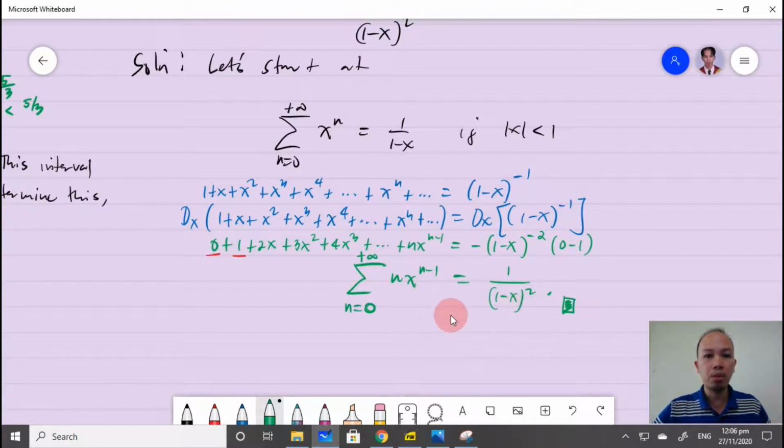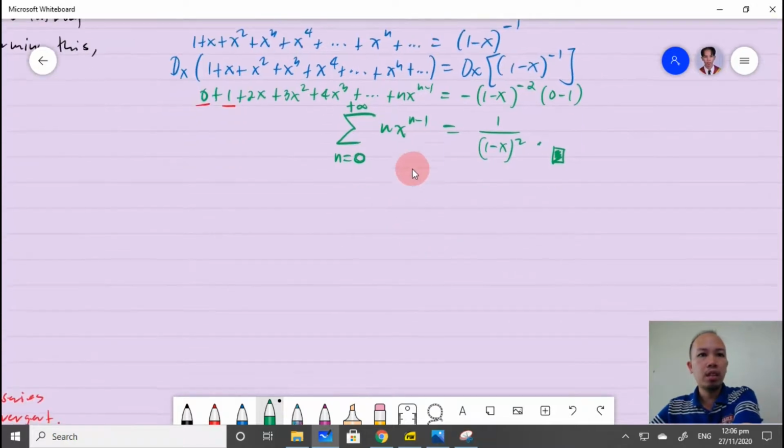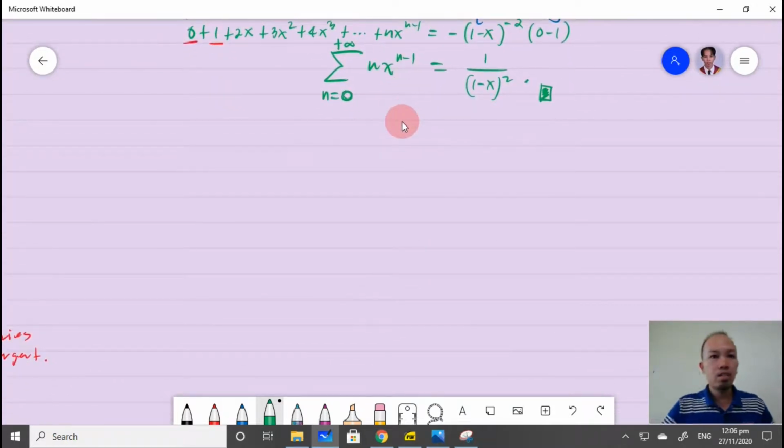So you have to check it yourself if this series here has the same radius of convergence and interval of convergence. So that's your assignment or problem, but you are not going to pass that one. Okay, let's have another example here. So example number 2.